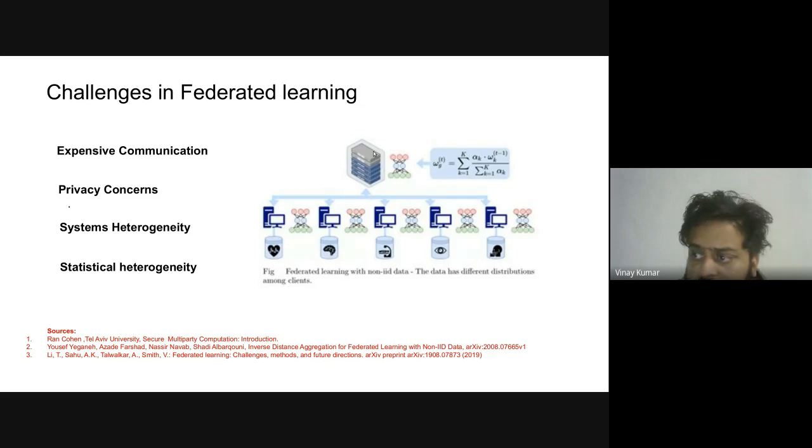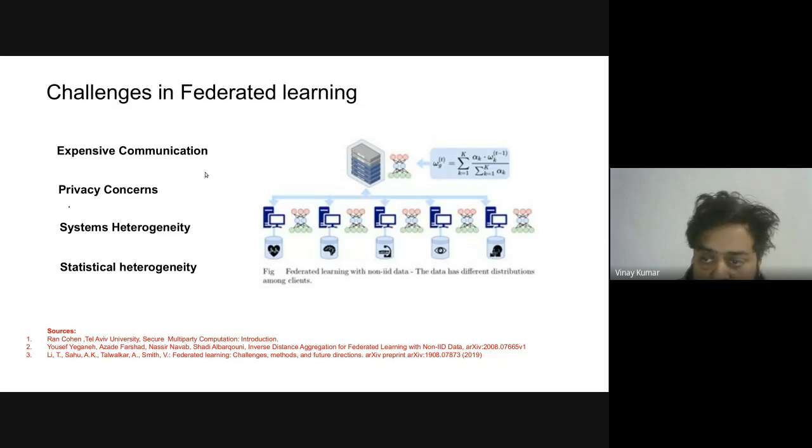There are a lot of different components: some biomedical components like ECG, some from EEG, some from lab data, some from your observations. These data should be clubbed together to have better models. So there are a lot of different systems involved in federated learning, and handling this type of constraint is very challenging.